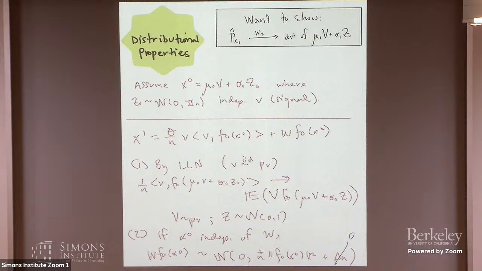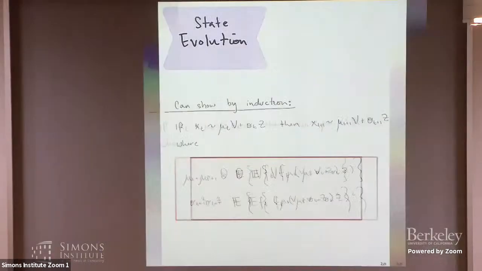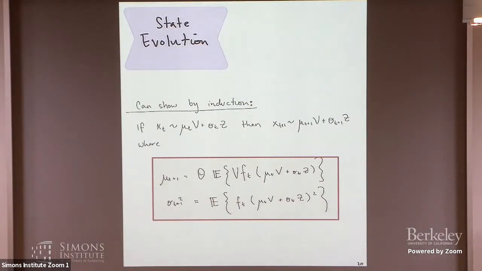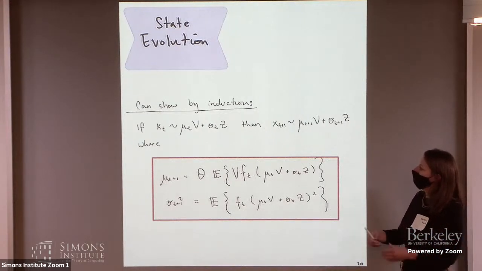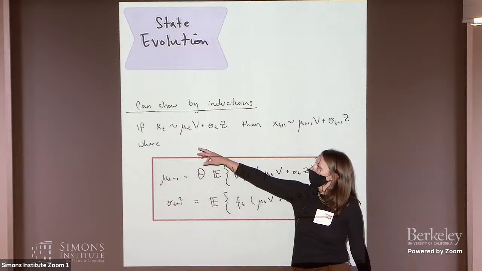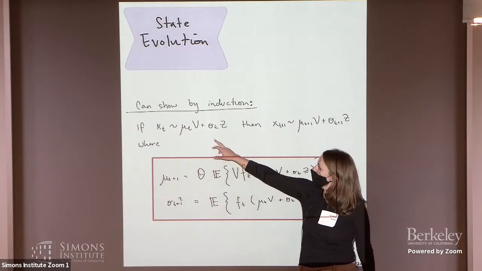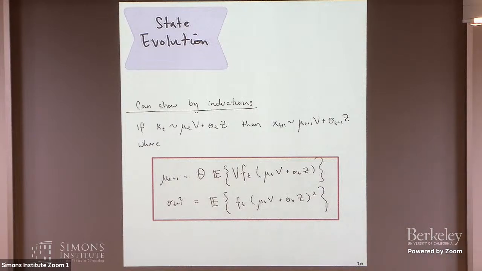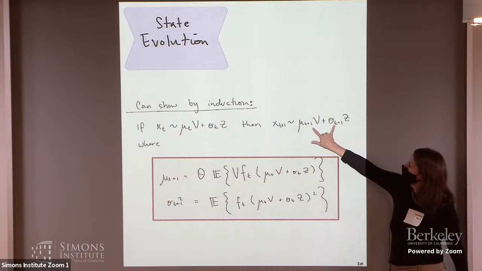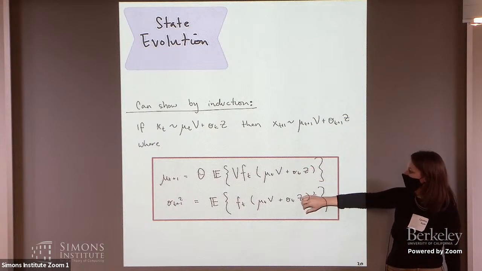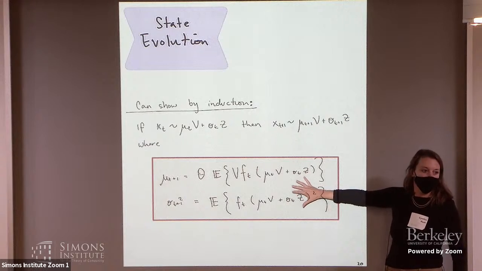And if you go through an induction argument like we did earlier, then what you can show is that if you assume that your t-th iteration has this distribution, motivated by what we just looked at for the first iteration, then your t+1 iteration has this distribution, where the mean and the variance are just updated the way we motivated by looking at the first step.